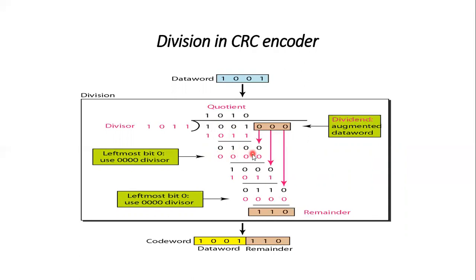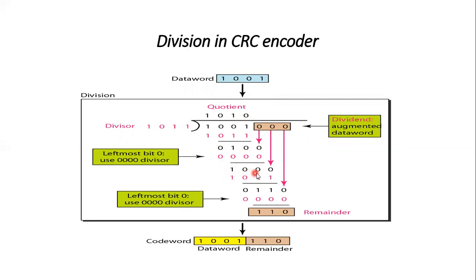Therefore 0100, which is not divisible by 1011. Therefore we put the 0. Then 1011 times 0, so all becomes 0. Then 0 0 is a 0, 0 0 is a 0, 1 0 is a 1. Then 0 0 is a 0.